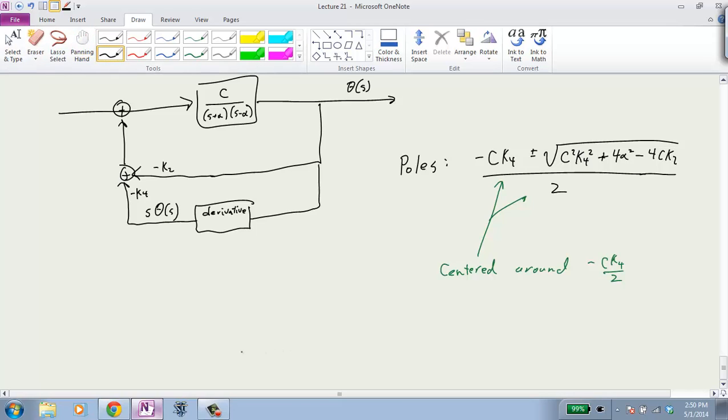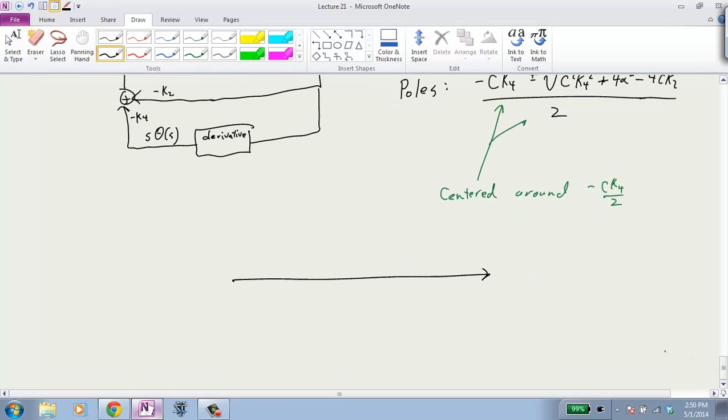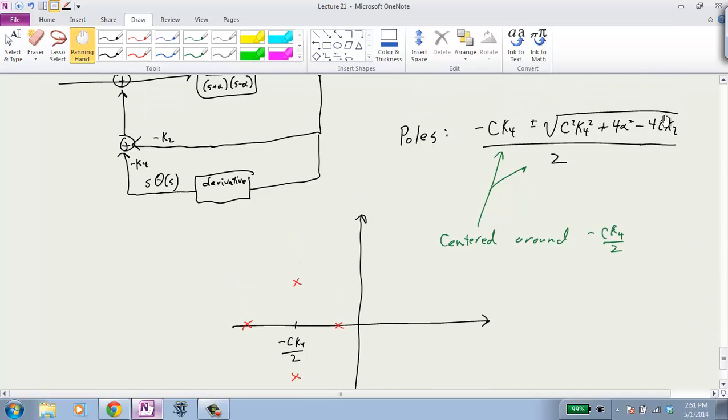So what you're going to have now is poles like the following. Because you have the derivative feedback, you have a point here, which is minus CK4. That was our derivative feedback. And the poles are going to be centered around that. They'll either be here or they'll be here, depending on whether the proportional feedback is big enough to make this thing positive or negative. Okay? So we can possibly make it stable with the combination of these two things.